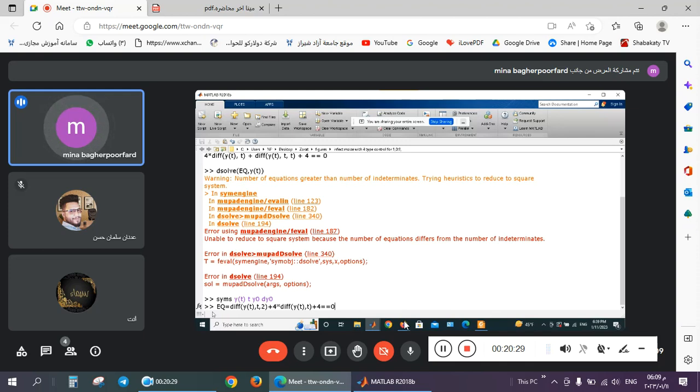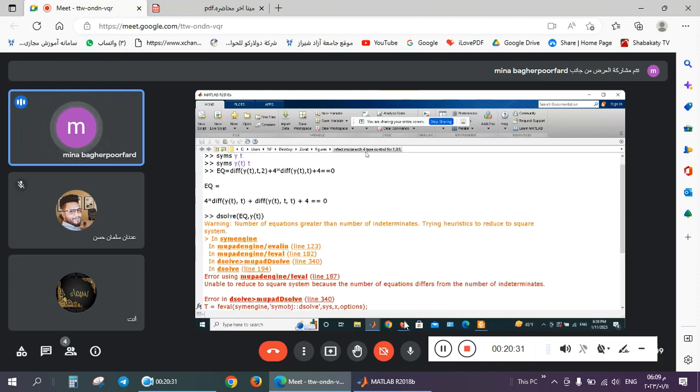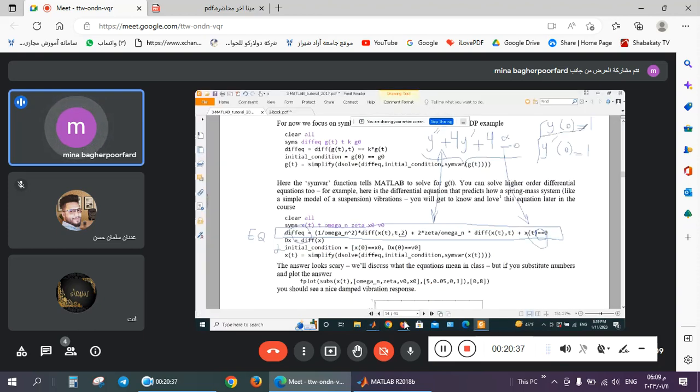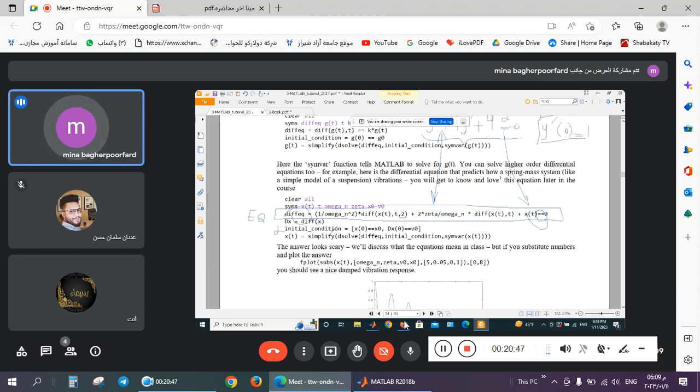This is our equation. And please pay attention, I have two initial conditions. y(0) is 1, and the first derivative of y at 0 again is 1. So I should define two initial conditions, y0 and dy0.